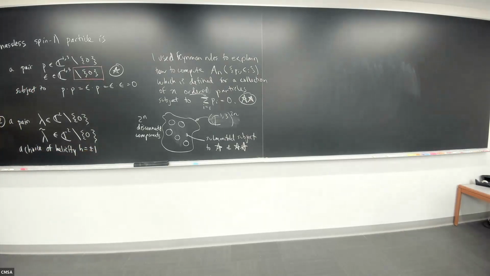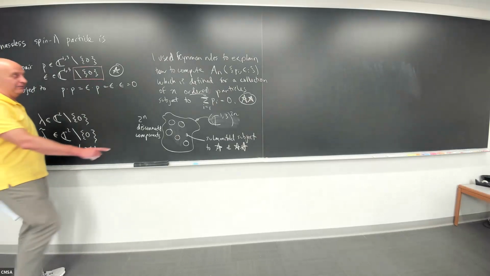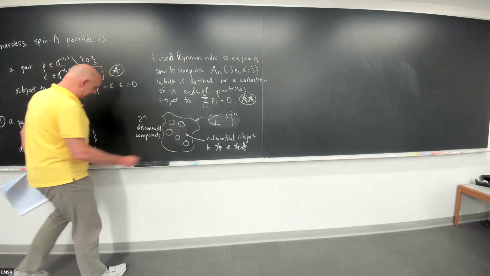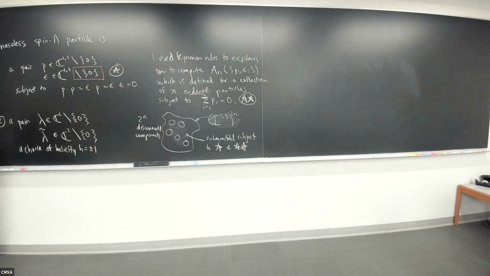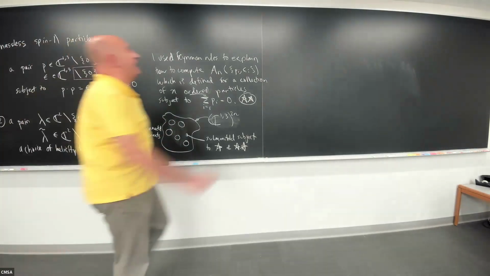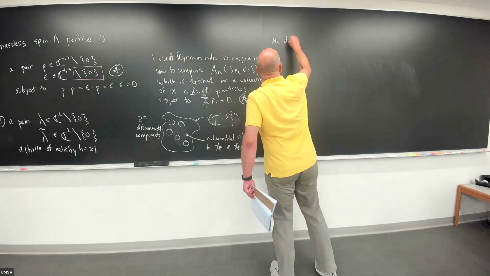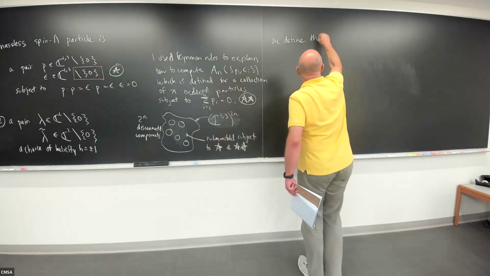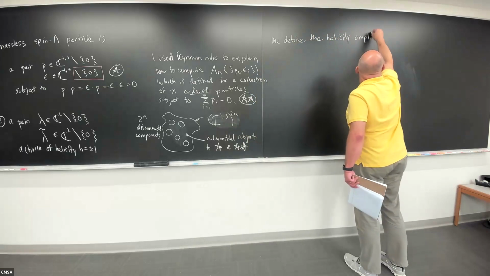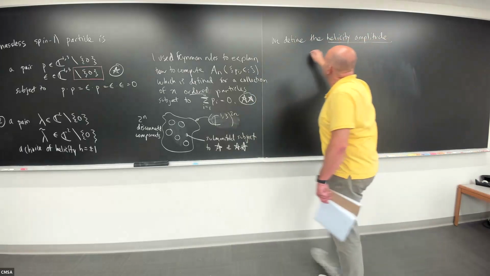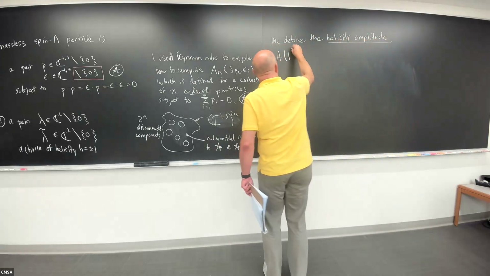If we have n particles and we specify a choice for each one of these n particles, then we're picking a particular component inside this kinematic space. So what we do then is we define the helicity amplitude, and it's conventionally written like this.